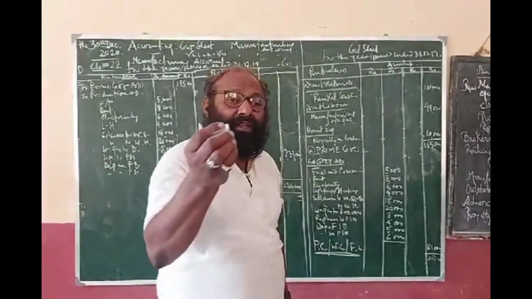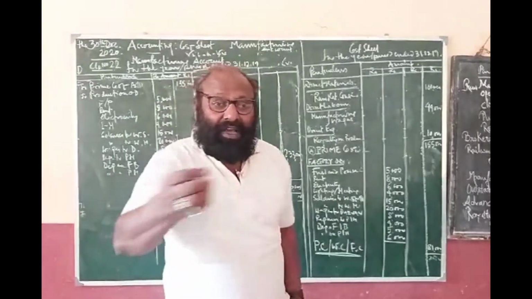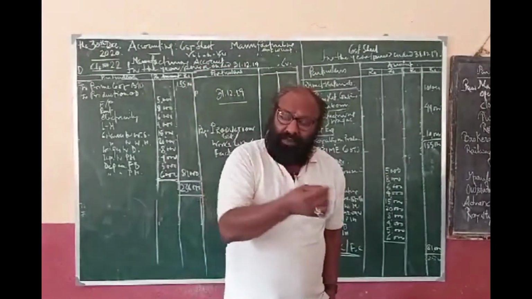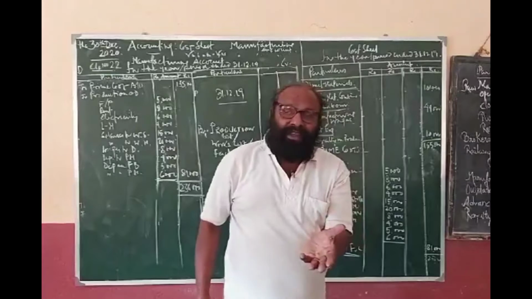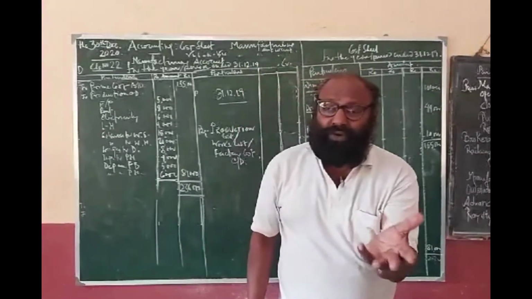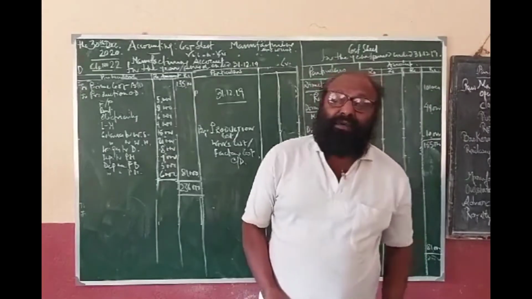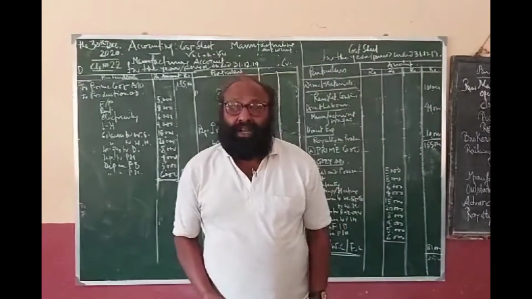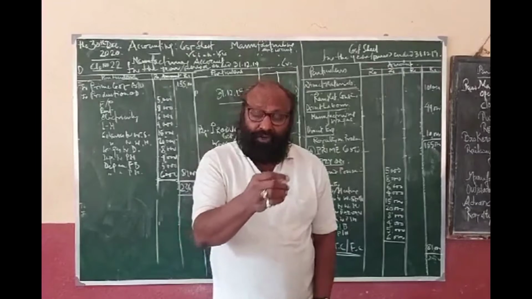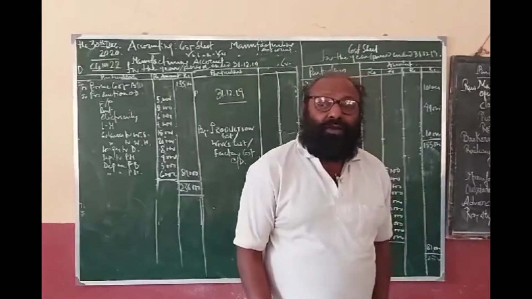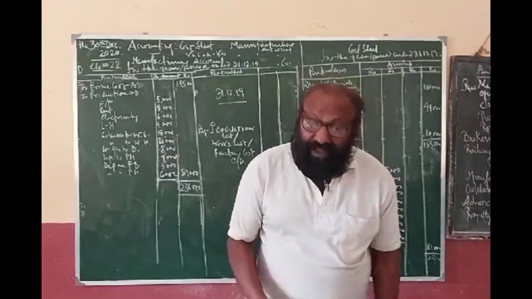In the same fashion, in a producing concern, some raw material remains unused, that is closing stock of raw material. That should be deducted from the total purchase and total available raw material, and to that we should add opening raw material.